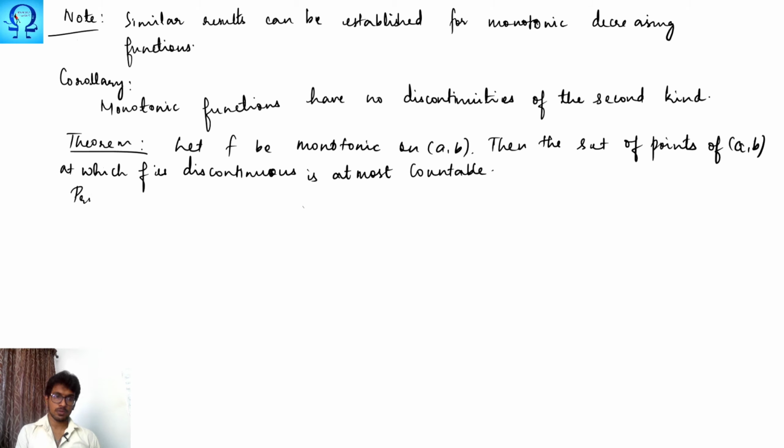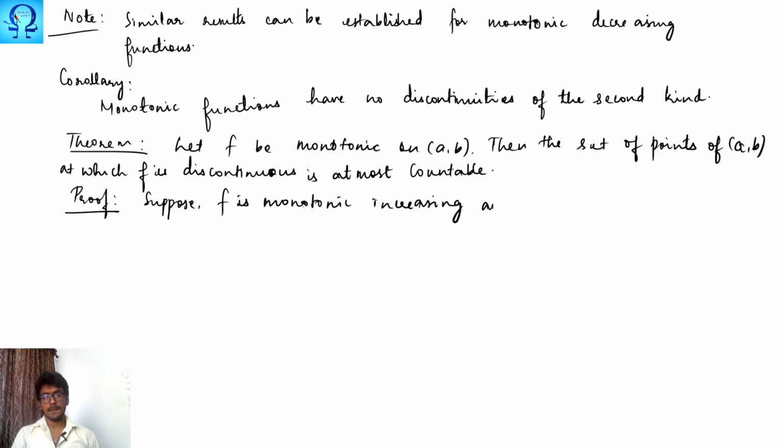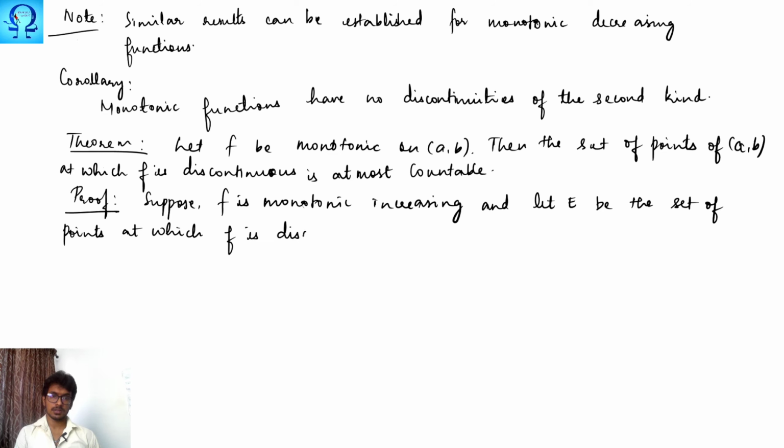Let us prove it quickly. So suppose f is monotonically increasing, and let us take E to be the set of points at which f is discontinuous.